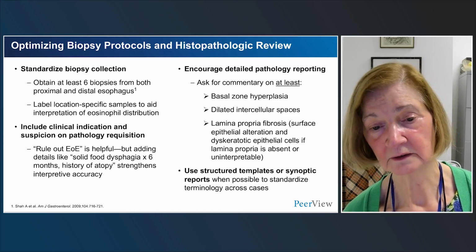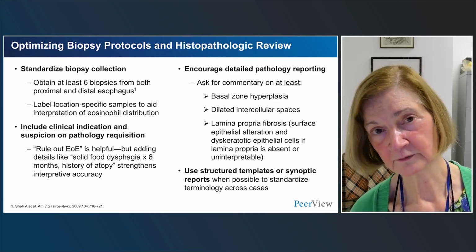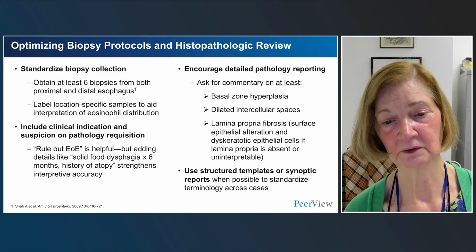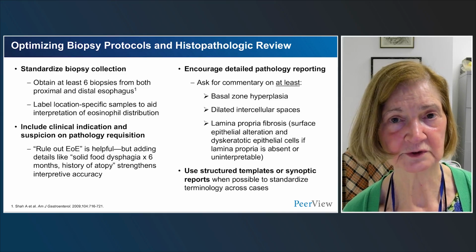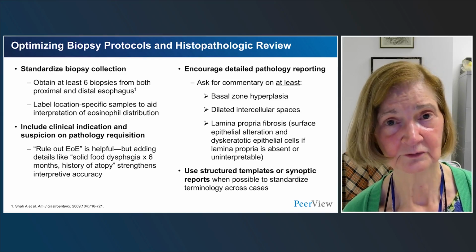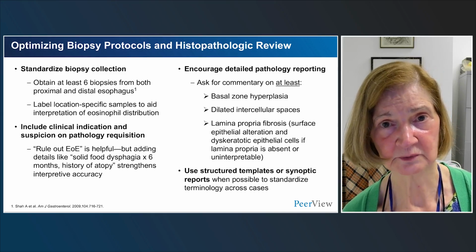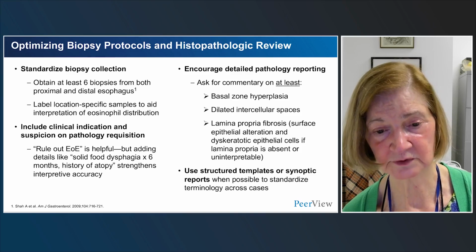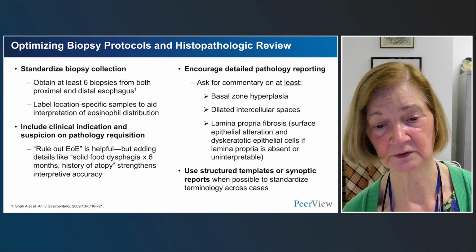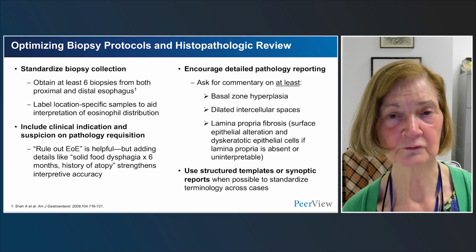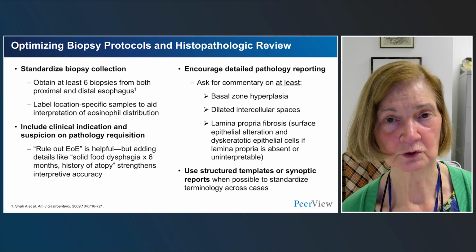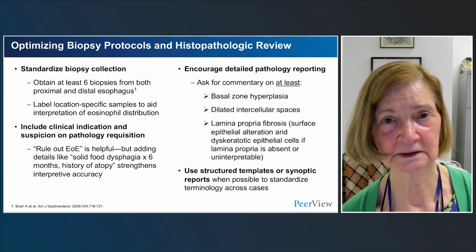So detailed pathology reporting. I've just gone through the EoE-HSS. It's a good thing for gastroenterologists to ask for those abnormalities to be evaluated, especially basal zone hyperplasia, dilated intercellular spaces, and lamina propria fibrosis. The whole formal scoring doesn't have to be done clinically.